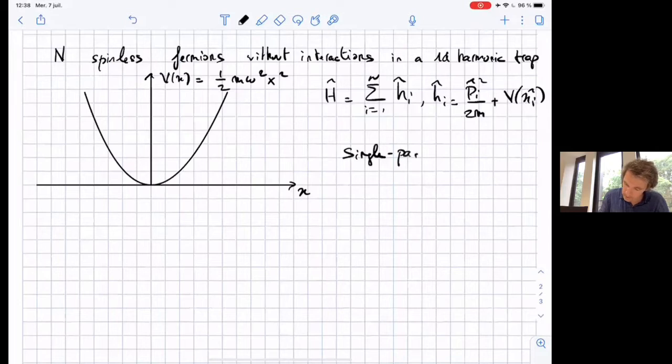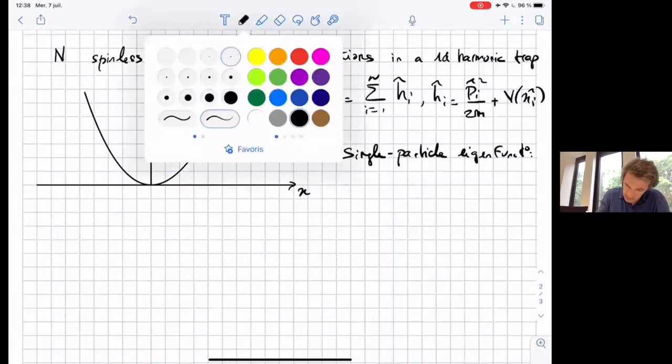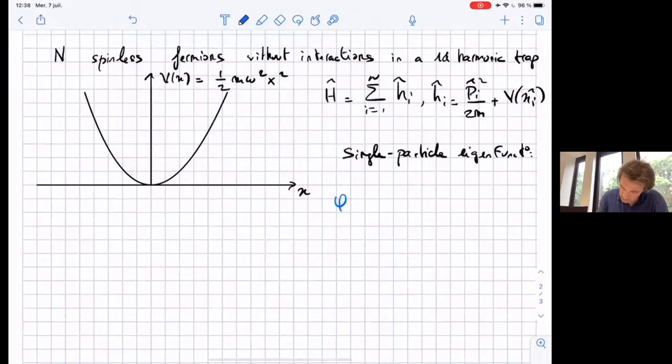the single particle eigenfunctions. So as you know, you can build them in a very easy way. So they are labeled by an integer k, and up to a normalization constant, they are just the product of a Gaussian.